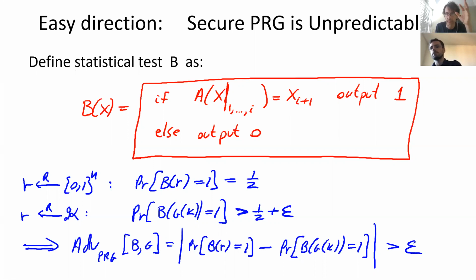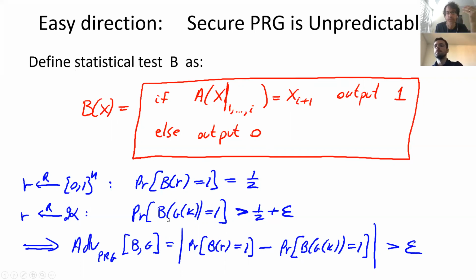As long as A outputs a bit, A's output equals that random bit with probability 1/2. Therefore, B is going to output 1 with probability 1/2.